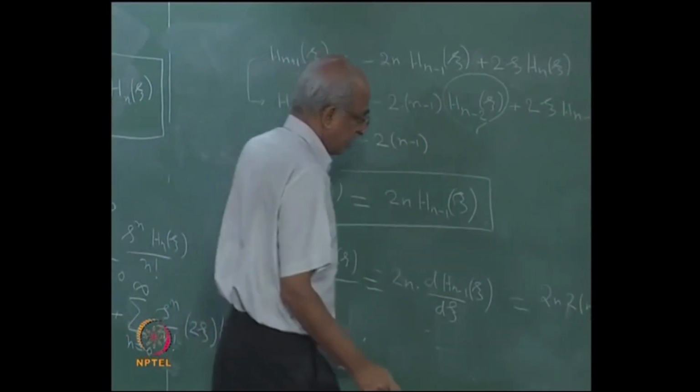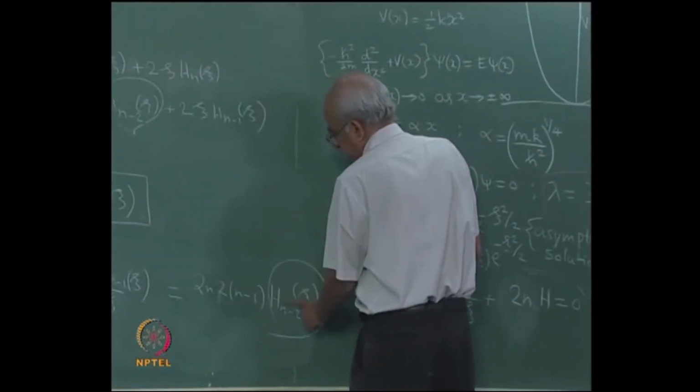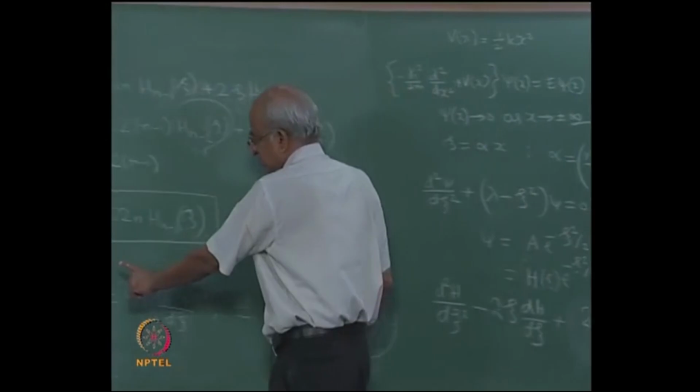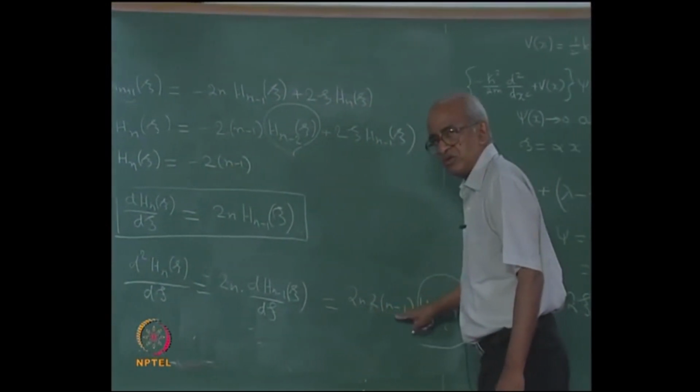H n minus 2, I am going to get rid of it using this equation. So, I have to replace h n minus 2 with the second derivative of h n, divided by 2 n into 2 into n minus 1.